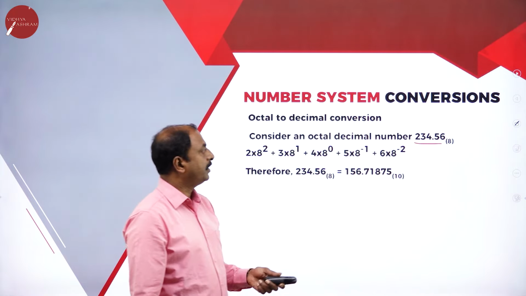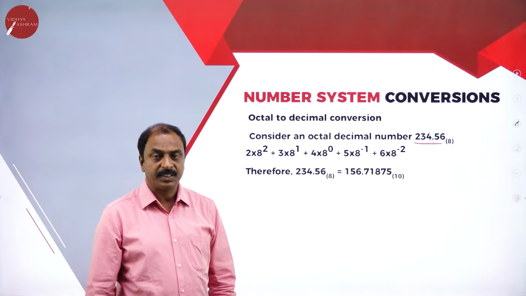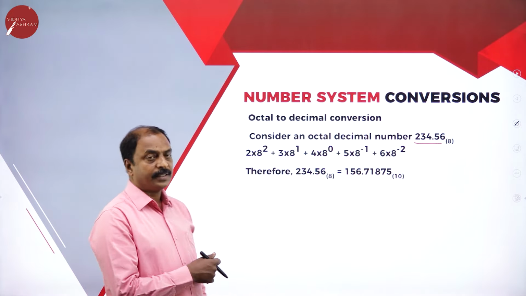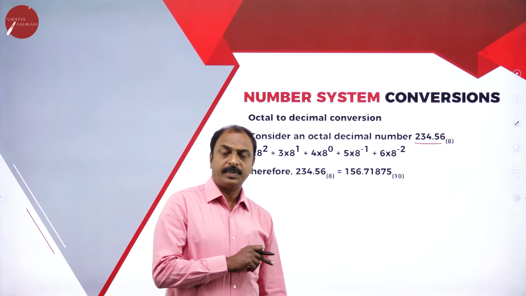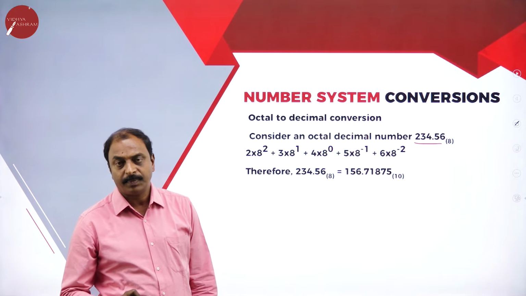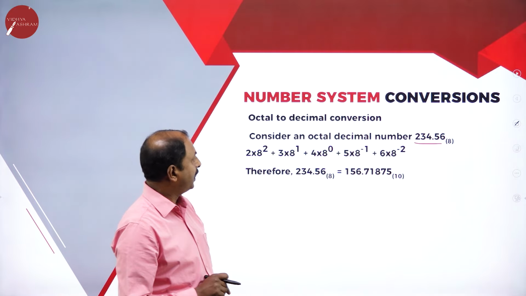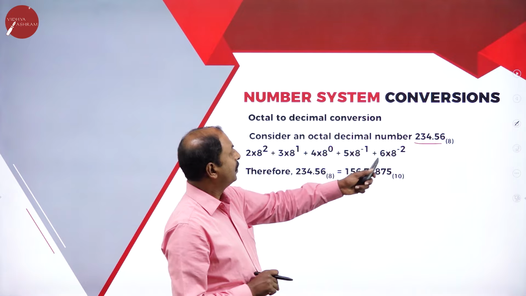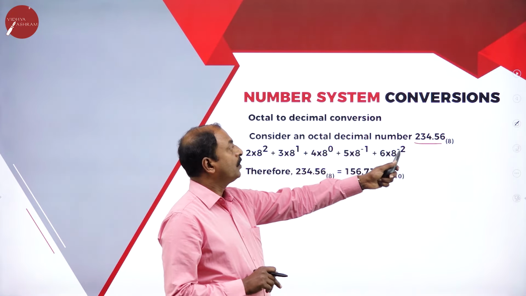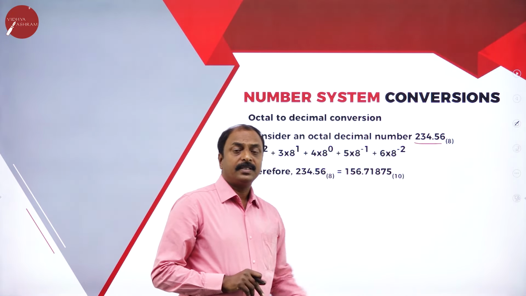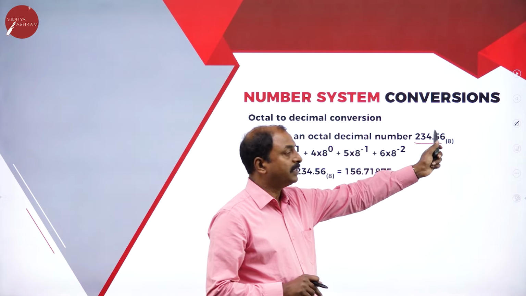Again the procedure is multiplication, as we did from binary to decimal, where we multiplied by the base 2. Here we are converting from the octal number system, so we have to multiply by the base, that is 8.